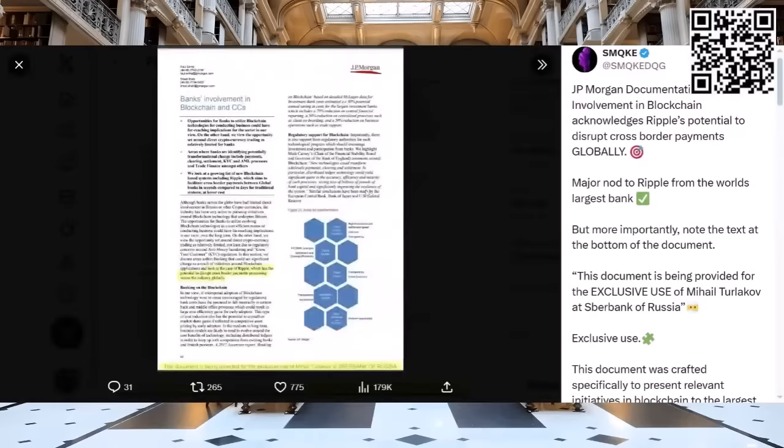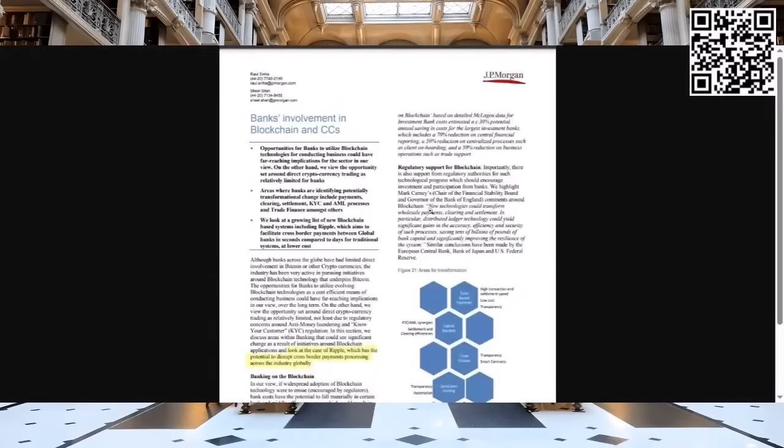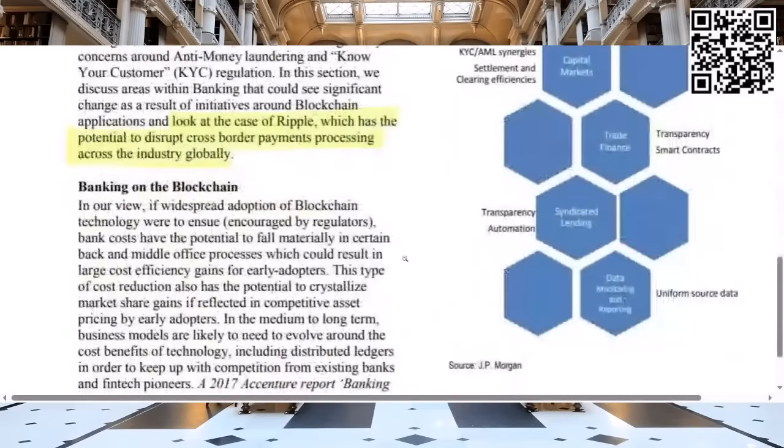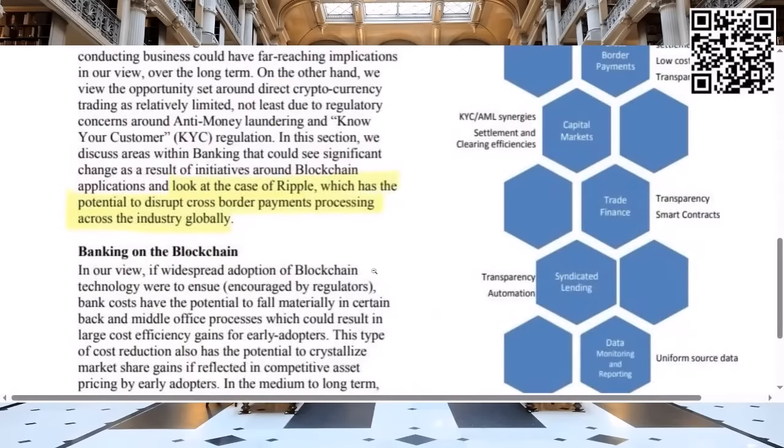Let's pull this up for a brief moment before we kick it back over to Jesse. And what do we see here? We see the citation. It says right here, "In this section, we discuss areas within banking that could see significant change as a result of initiatives around blockchain applications, and look at the case of Ripple, which has the potential to disrupt cross-border payments processing across the industry globally."